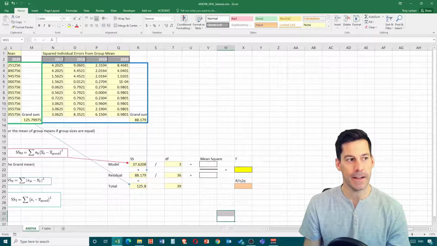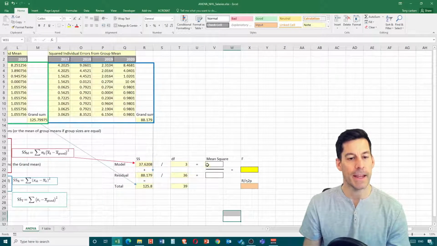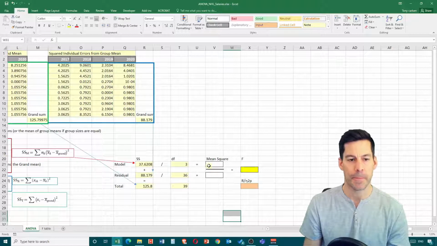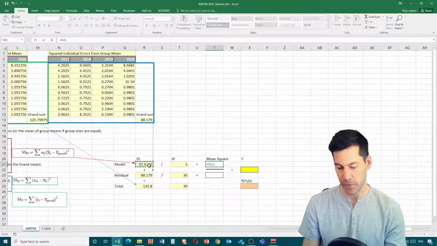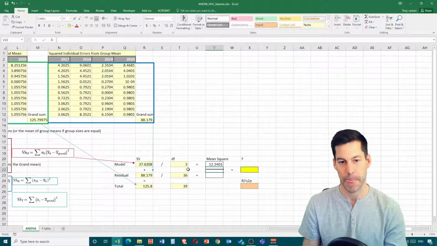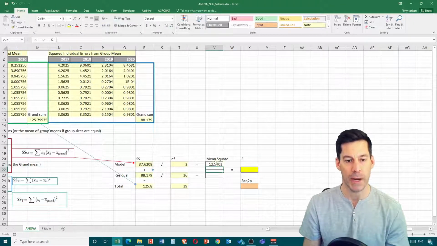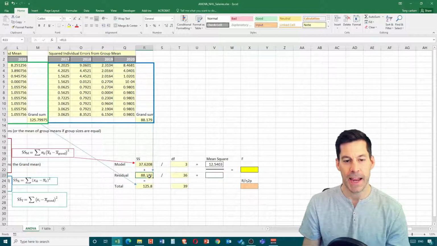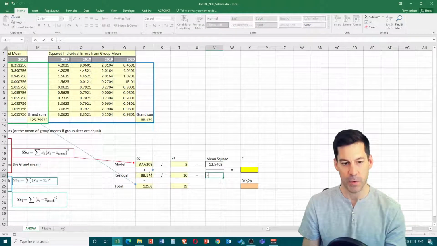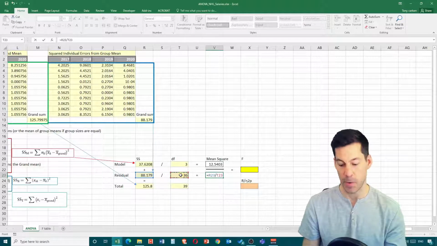Okay, finally, the last thing we're going to do is calculate our mean squared. And that's simply our sum of squares divided by our degrees of freedom. So equals sum of squares divided by degrees of freedom. 12.5403. Our mean squared of our residual or error term is going to be 88, so equals 88 divided by the degrees of freedom, 36.